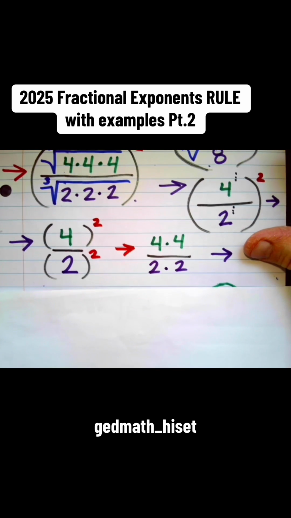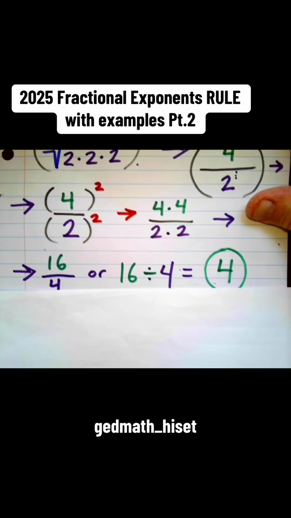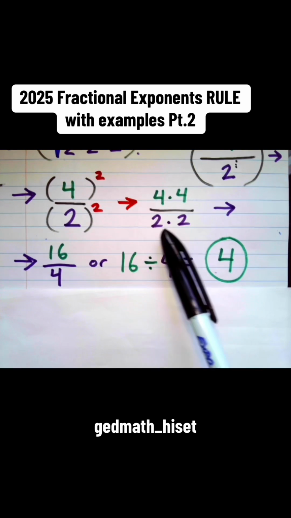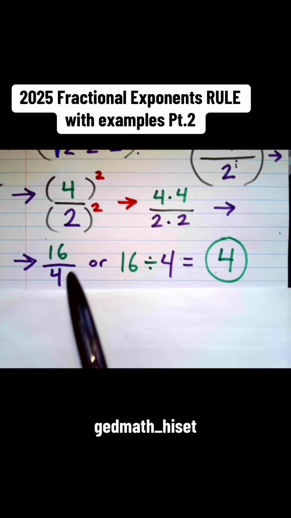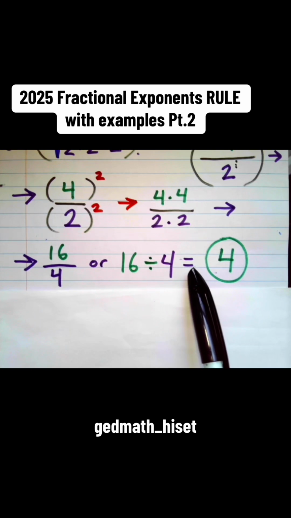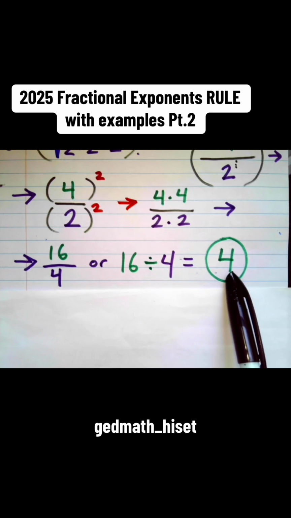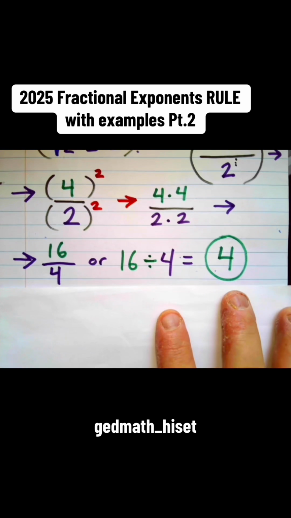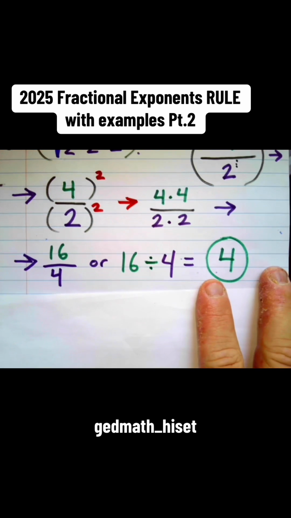Continue to simplify these terms, and you can see 4 times 4 is 16, 2 times 2 is 4. 16 divided by 4 equals 4. So again, there are many different ways to get to the solution of this type of problem. That was just one way, one method.